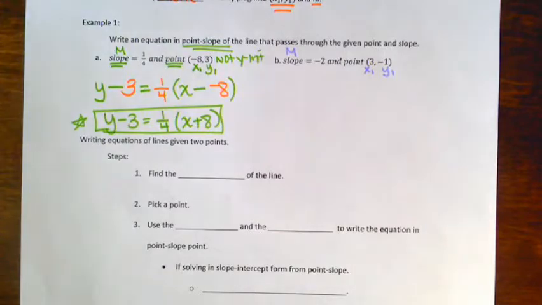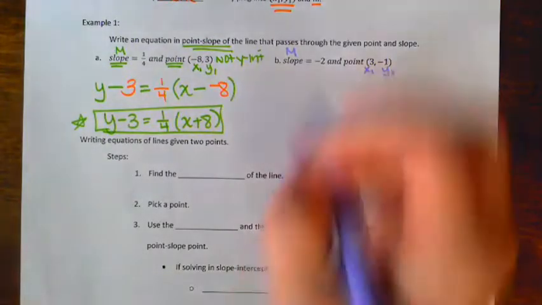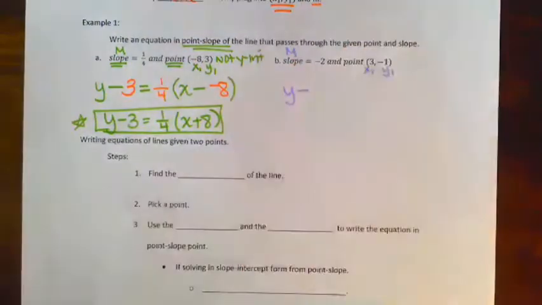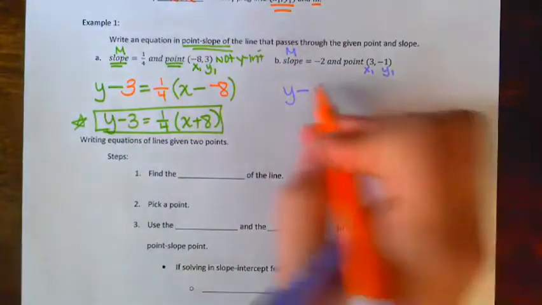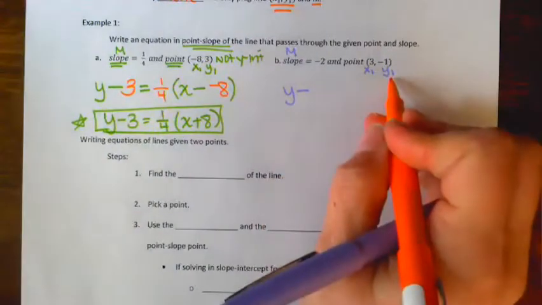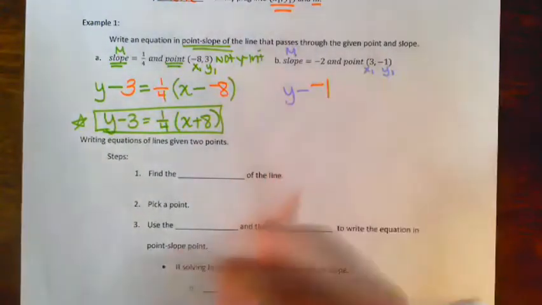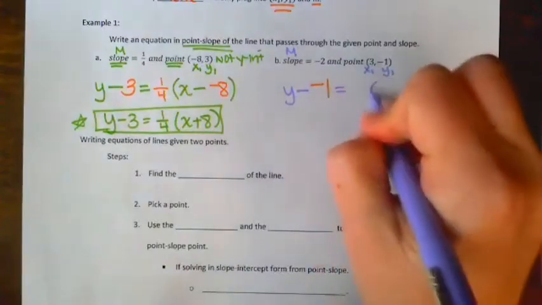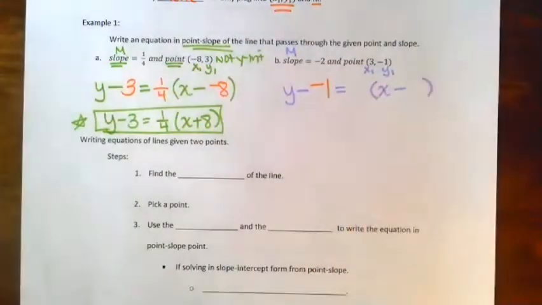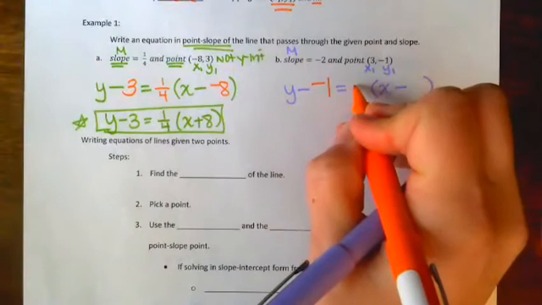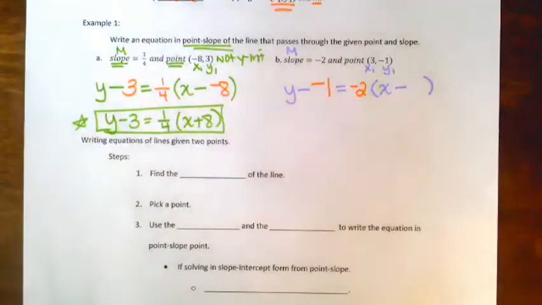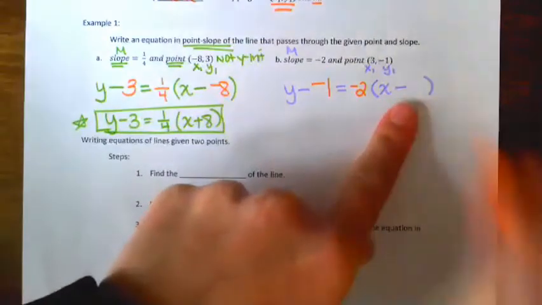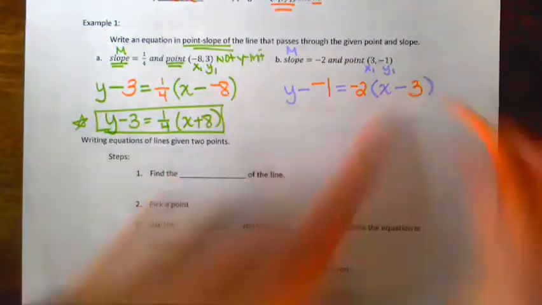All right, let's plug it in. Y minus, what's my y1? What do we have labeled as y1? Negative 1 equals m. What's my m? Negative 2 times the quantity of x minus, what's my x1? 3.